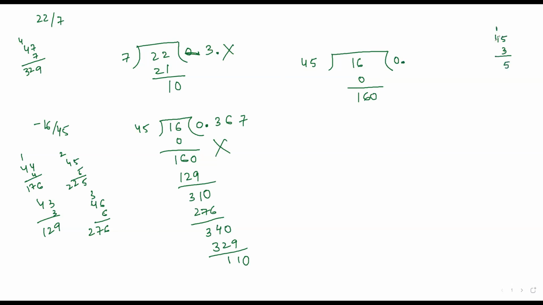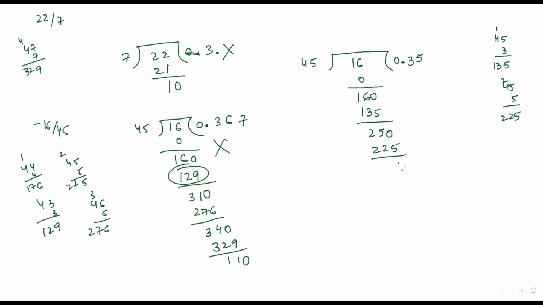Then 3 into 4 is 12 and 1, 13, 135. So I think 3 times will it go, right? Yeah, that was the mistake. I didn't notice, sorry. So 135. Okay, now 10 minus 5 is 5. And then I get 5 minus 3, 25, right? Now again 0 I'm putting. So just check 45 into 5. So 5 into 5 is 25, 22, correct? 225. So now 5 times it is 225.